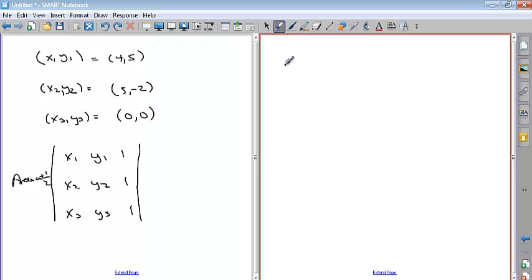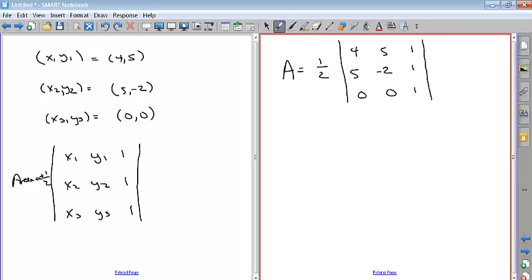So the area is going to be equal to 1/2 the determinant of, reading all down here, 4, 5, 0 for the x's. The y column is 5, -2, 0. And the last column is 1, 1, 1.